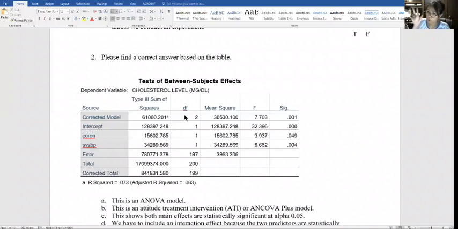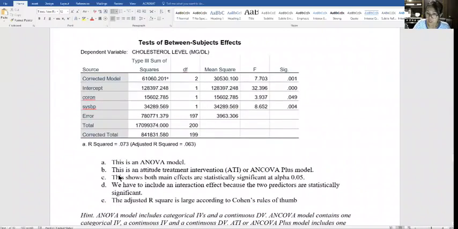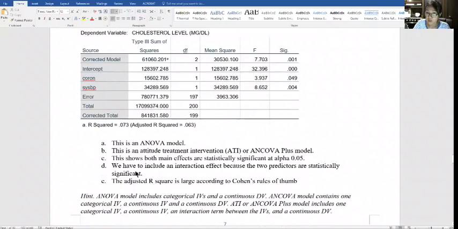So you have two X variables, both of them categorical variables. In that case, you use an ANOVA model. No continuous X variable, okay? And this is not an ATI model because there's no interaction effect.